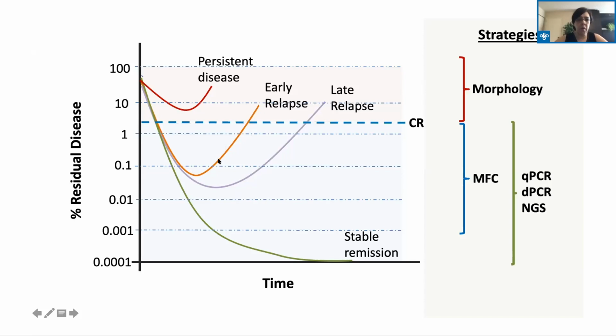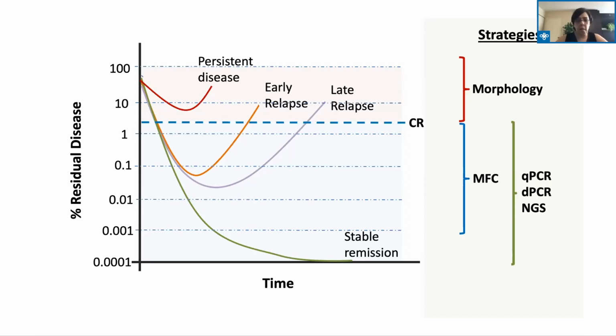However, if you're able to go to 1 in a million, which is usually what we talk about, minimal residual disease, these patients, if they don't have disease within that depth of assessment, they usually remain disease stable.